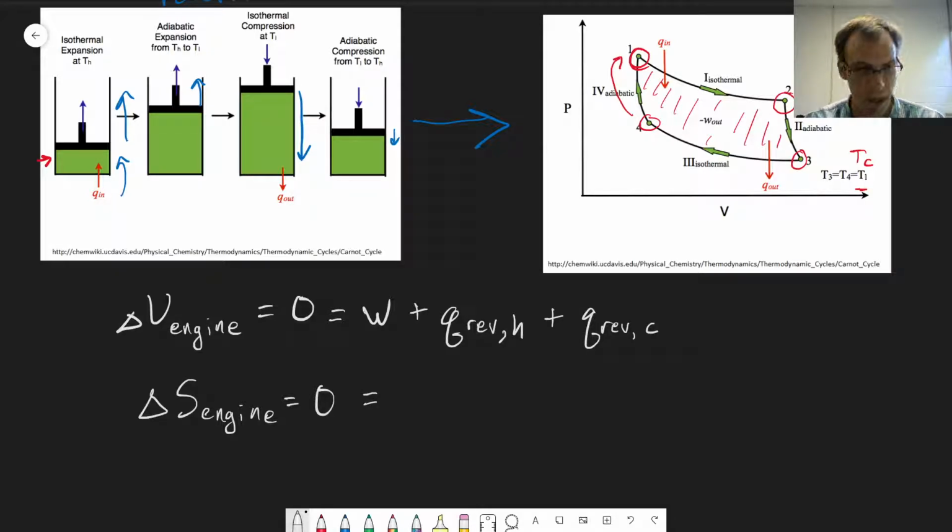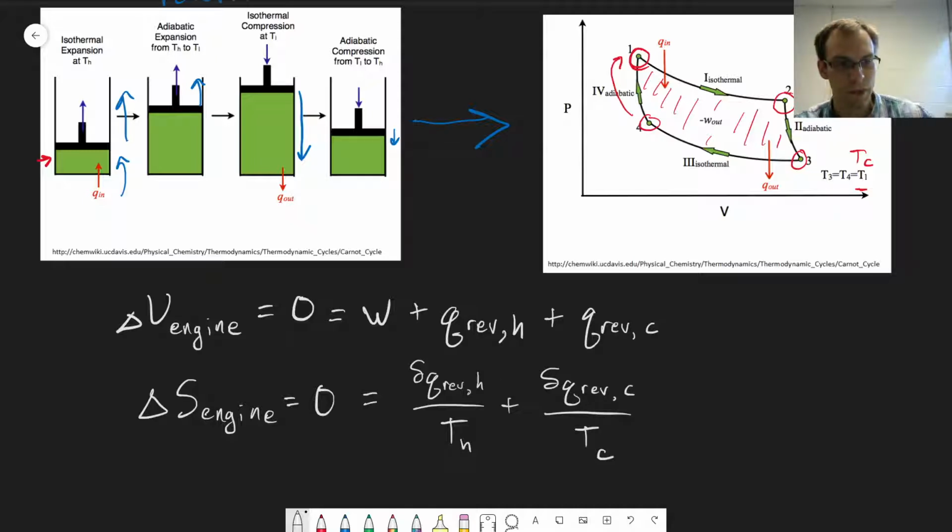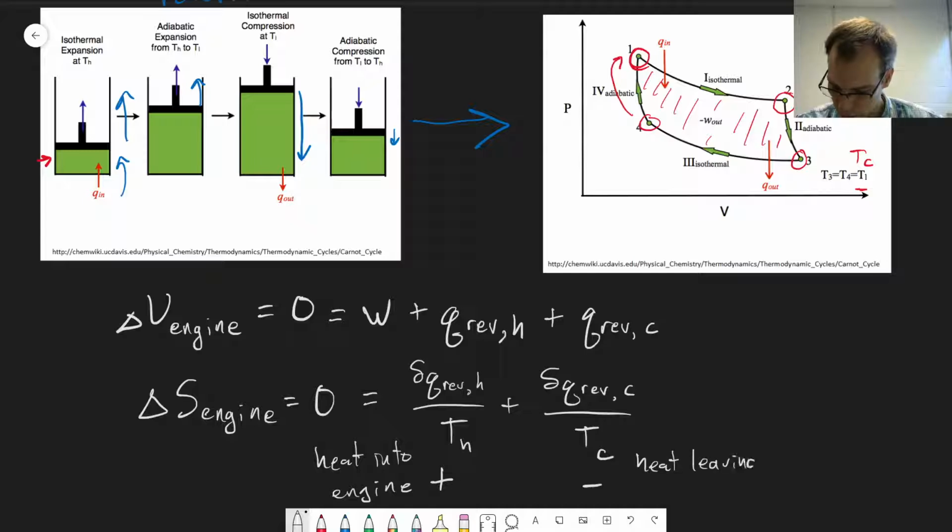And so we can say that dq reversible H, I'm probably going to start dropping the reversible part of that, over TH, plus dq reversible at the cold reservoir divided by TC. One thing to note is that this is a positive value, and this is a negative value. So heat goes into the engine, so it must be positive, it increases the internal energy, and this is heat leaving the engine at the cold temperature.